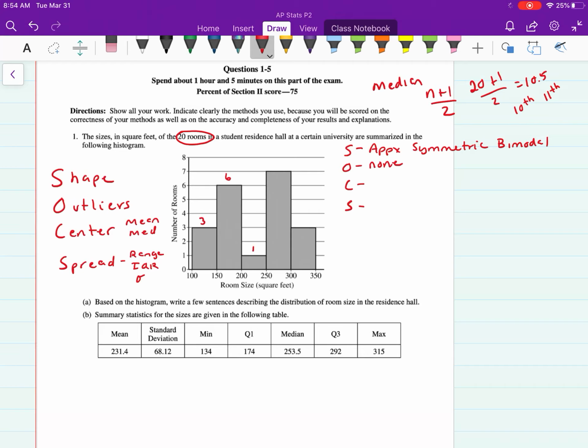So there's 3 rooms here, 6 rooms there, 1, 7, and 3. So 3 and 6 is 9. This one would make 10. So in between the 10th and 11th, the median would be somewhere in this bar, which makes the median somewhere between 250 and 350. I'm sorry, between 250 and 300.